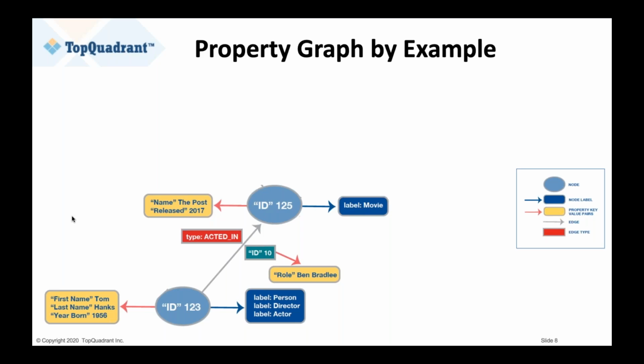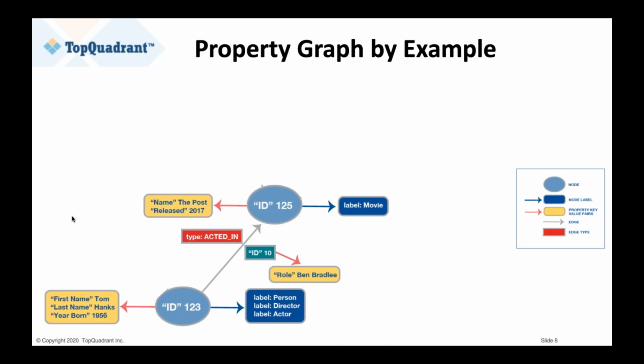And then on the right of the node, we see some information in a blue box, which contains labels. It's kind of the same as properties, key-value pairs. You have labels: person, director, actor, but they have special meaning. This is a labeled property graph. So essentially, these are types.